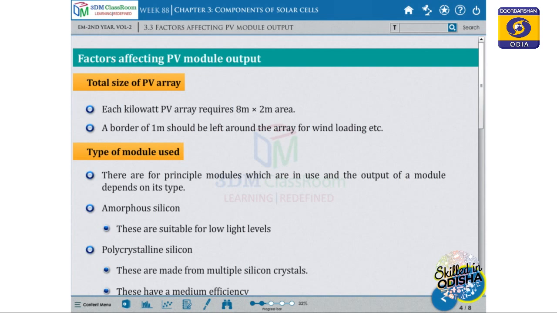The second factor is the type of module. The type of module we use in the manufacture of the photovoltaic cell or module plays the main role in the generation of the output voltage. Generally we use polycrystalline and monocrystalline photovoltaic cells for the manufacture of these modules.